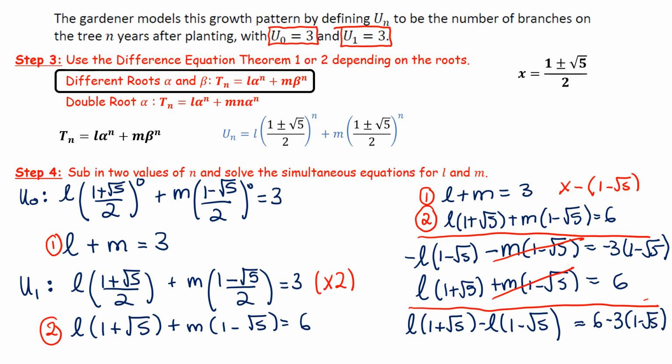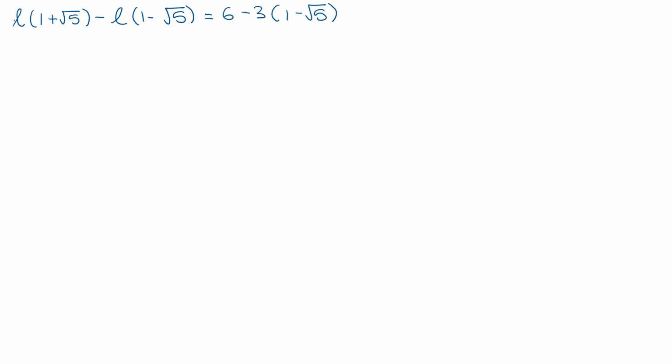The reason I put the bottom line first is I don't like starting with my negative. So rather than writing minus L bracket (1 minus root 5) and then a plus L, I just flip the order of them. So this is my equation, and we're going to solve this now for L.